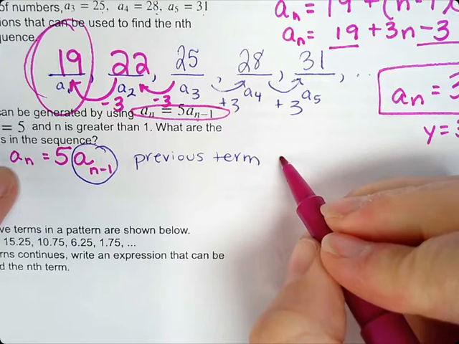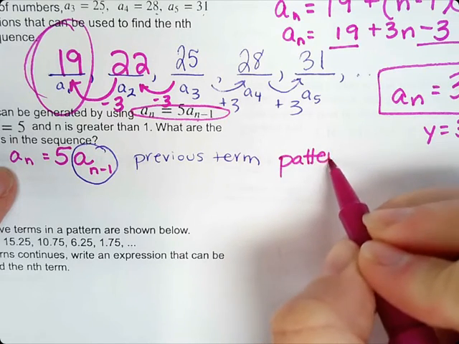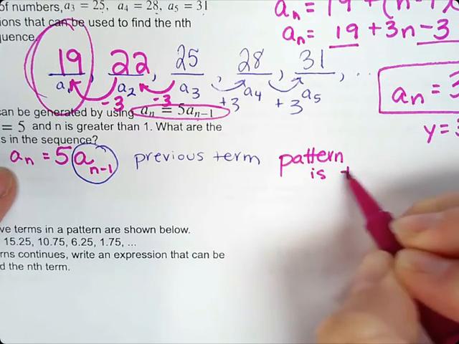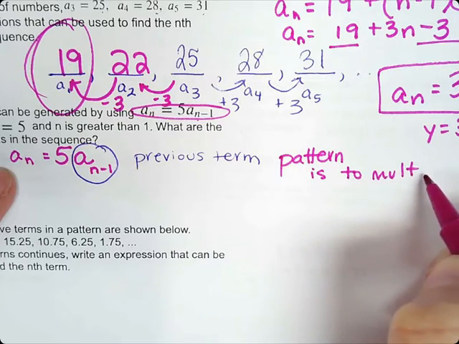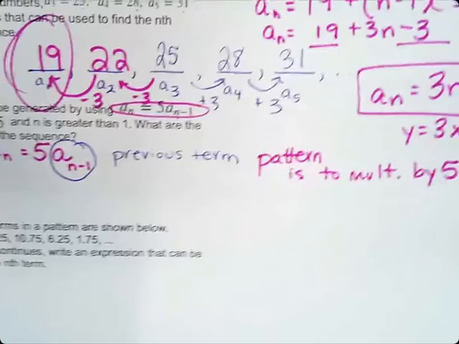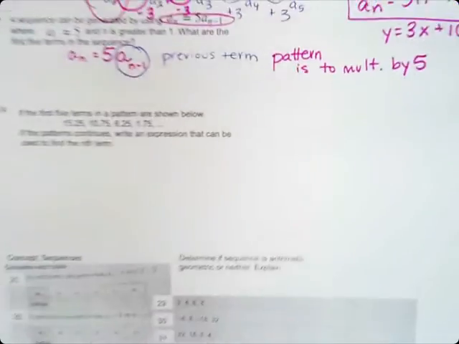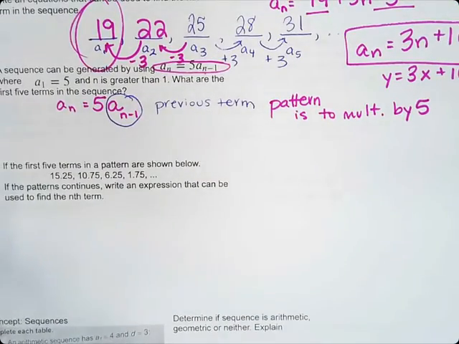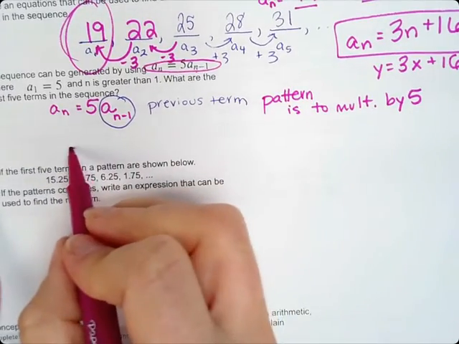So our pattern is to multiply by 5 to get the next term. So we look at what is the first term?